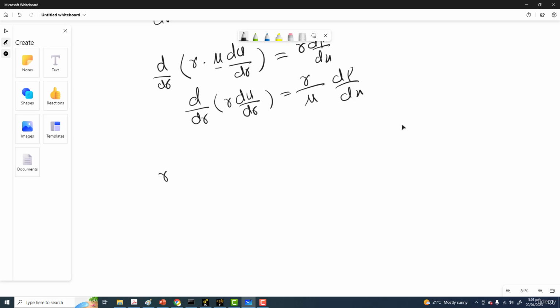We have r du/dr is equal to r square upon 2 mu dp/dx plus c1. Now if we divide the whole thing by r, this r is removed, the r square becomes a single r, and we also get 1 by r over here.